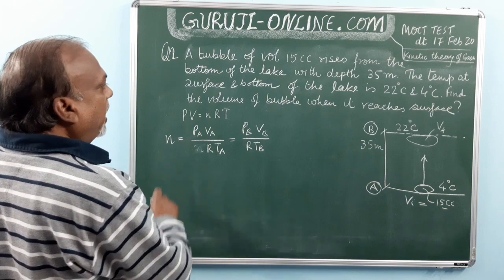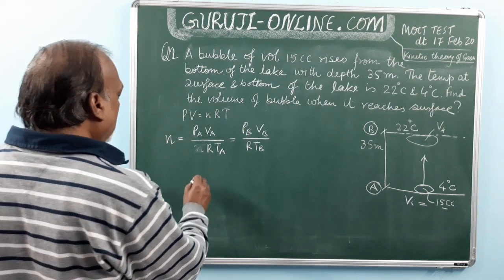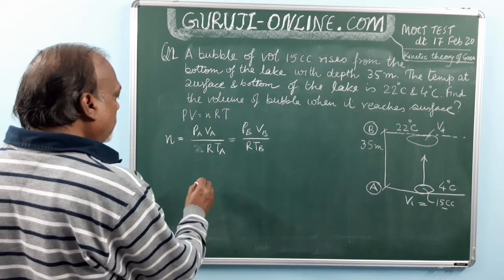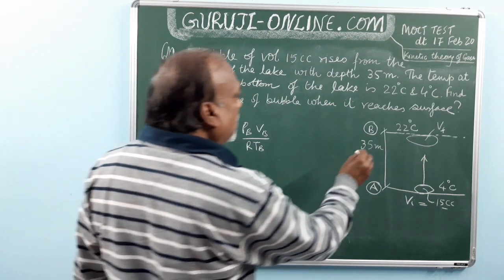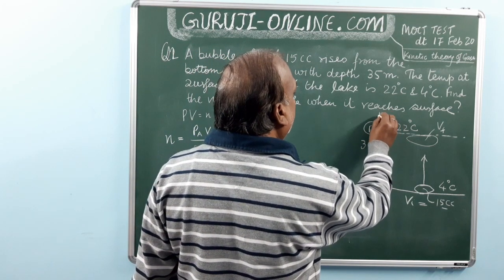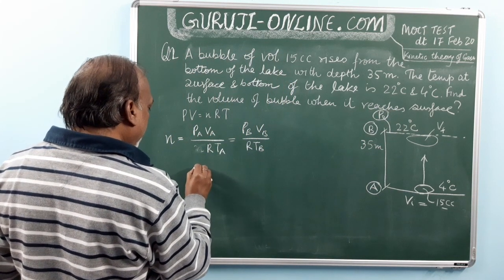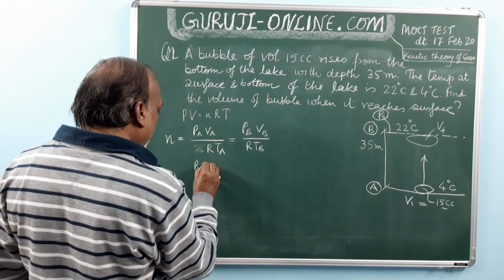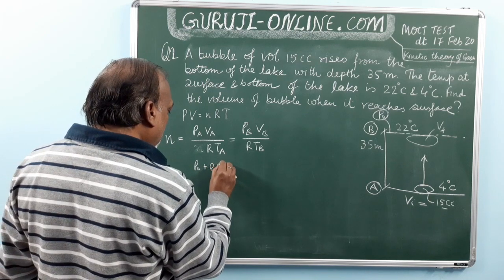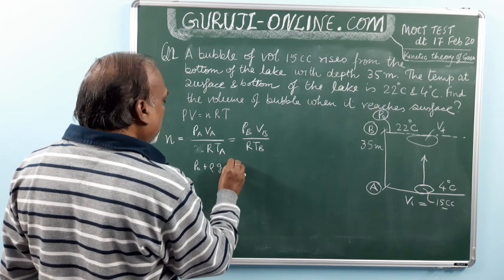What will be PA? PA is nothing but atmospheric pressure, suppose it is P0, then it is P0 plus rho g d.